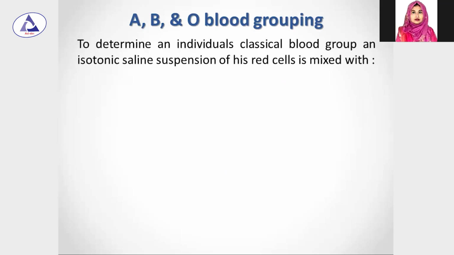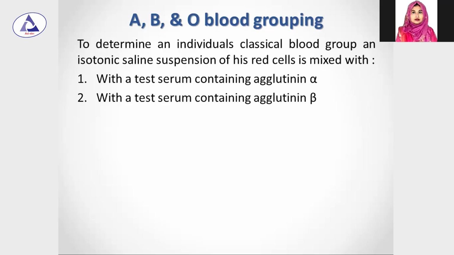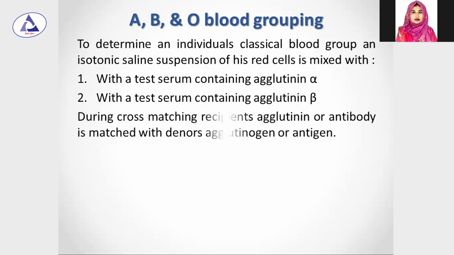So if agglutination occurs in both parts, the blood group will be AB. If no agglutination occurs in any part, then the blood group will be O. And last one, we have said that during cross matching, what do we do?